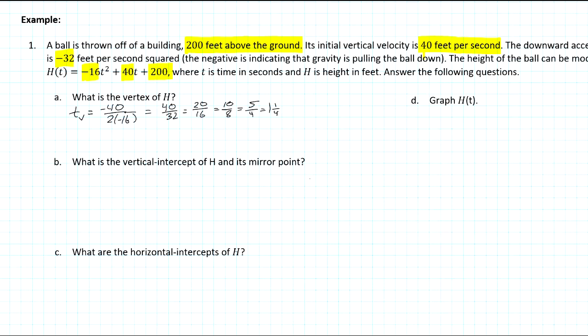I'm not sure how much I want to be doing this arithmetic. If I do h of 5/4, this is going to be negative 16 times 5/4 squared plus 40 times 5/4 plus 200. Let's go ahead and just use a calculator for this.